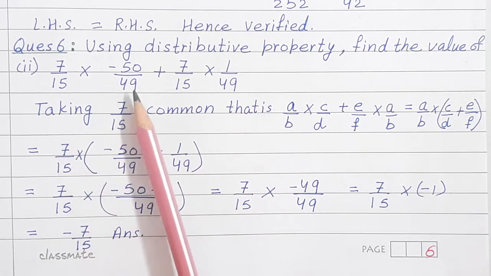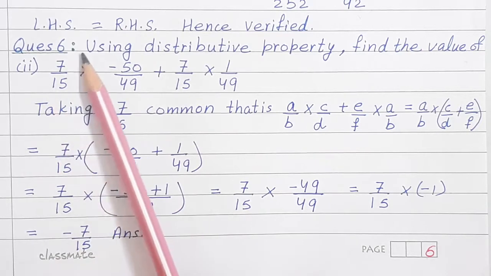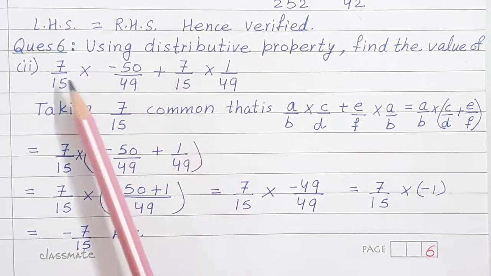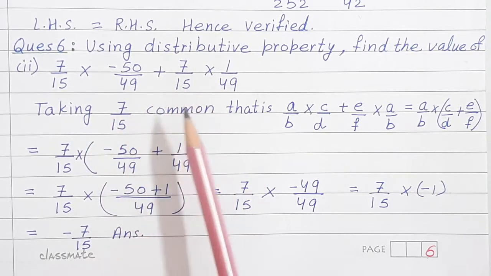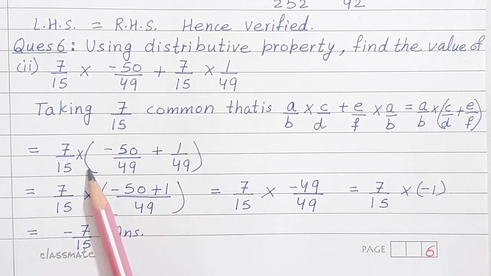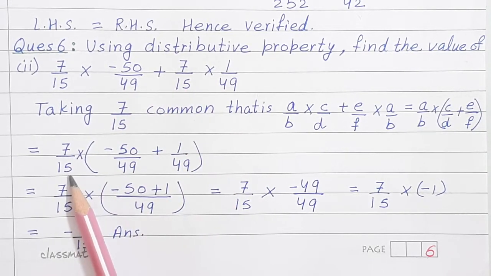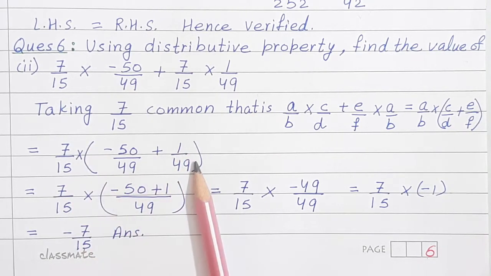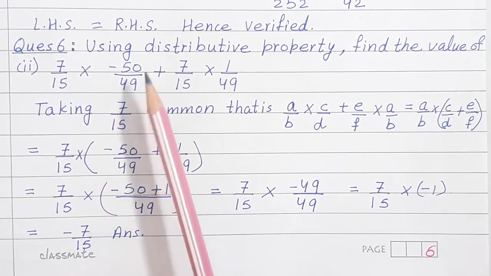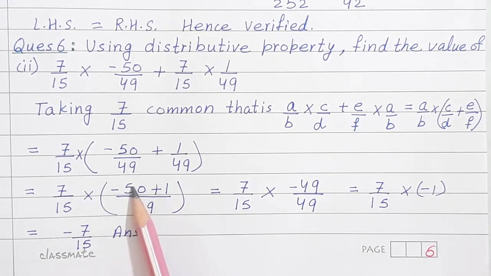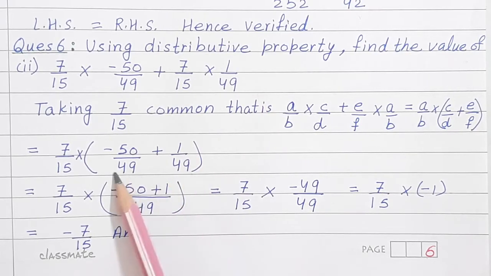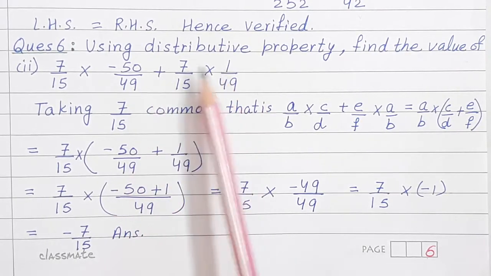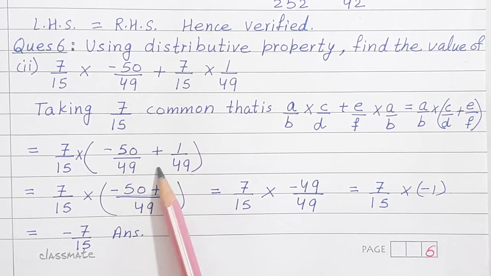Now children, here you can see that 7 upon 15 is common. So let us take 7 upon 15 common. So we will have 7 upon 15 outside the bracket, and inside the bracket we are left with minus 50 upon 49 and 1 upon 49. Now since there was addition sign, so we'll use the same.